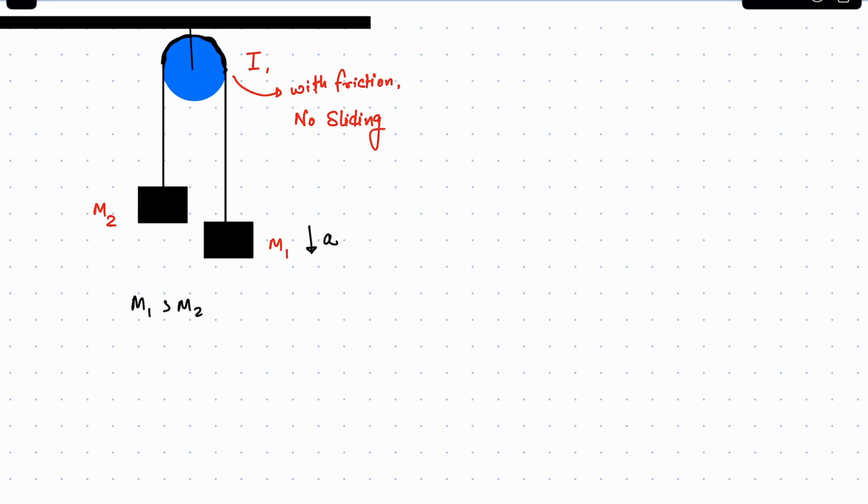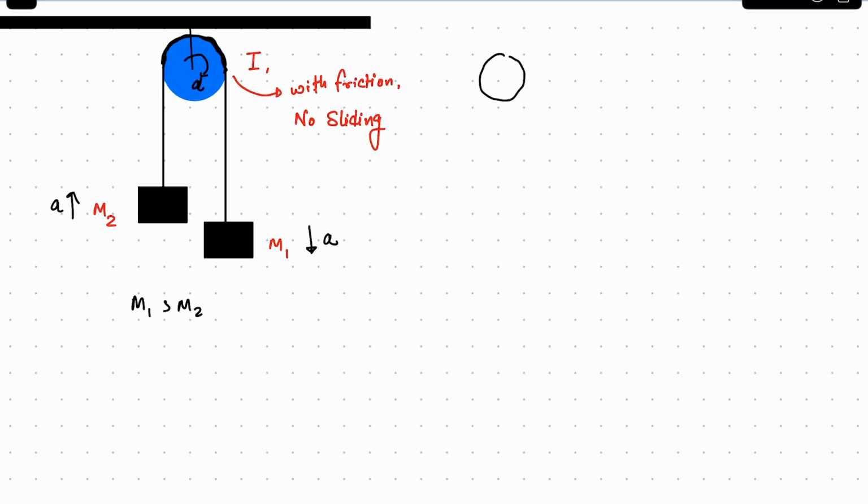Here there is no sliding, so this object is going to go with the same acceleration a in the upward direction, and then the pulley is going to accelerate with angular acceleration alpha. Now there will be some relation between a and alpha. Let's figure that out first. So what is the relation?